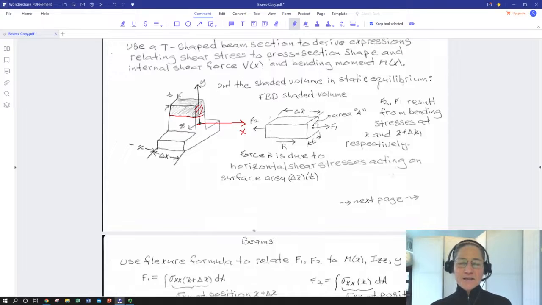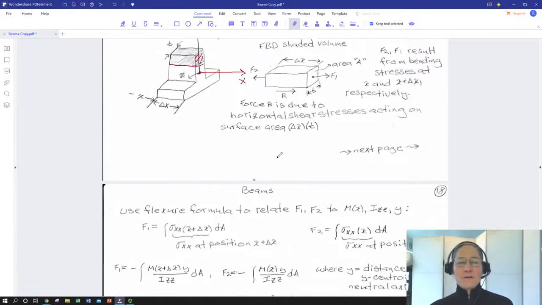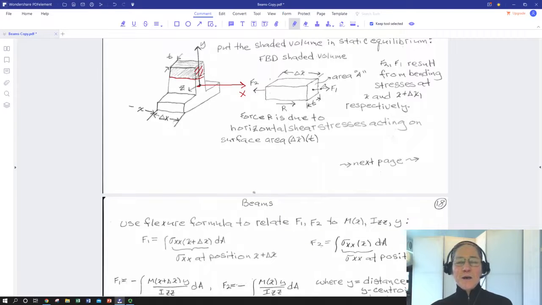So I could take this rectangle, which is a shaded section, and put it in static equilibrium. So I could basically add up F1 in the positive x direction plus R, which is the shear force being exerted by the bottom of the T section that is below it, and I'm going to subtract F2, and that should all equal 0.